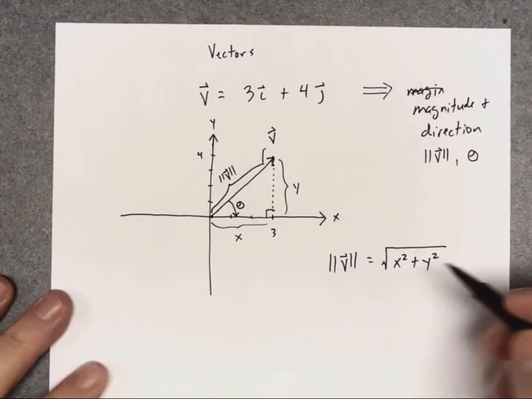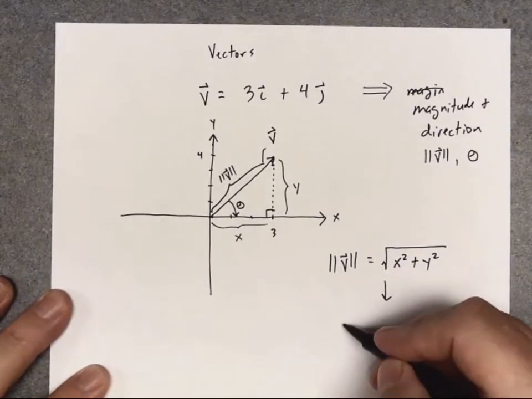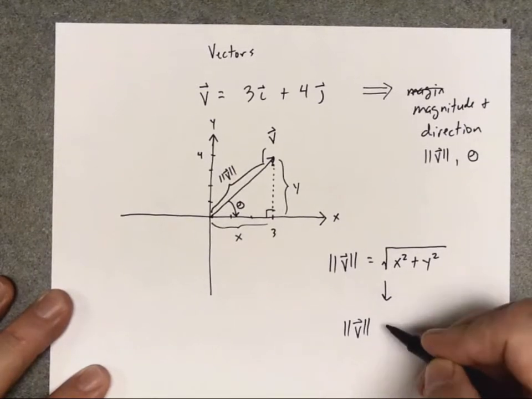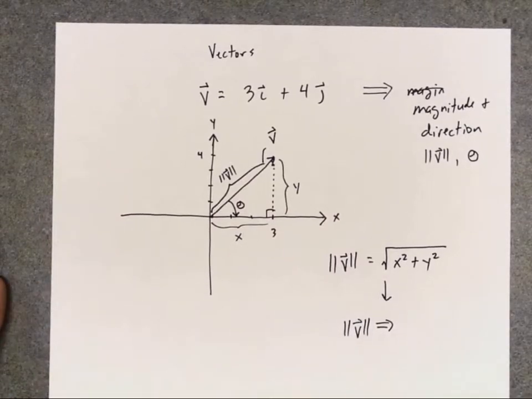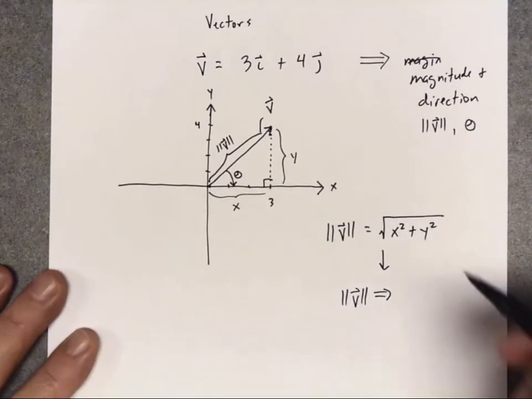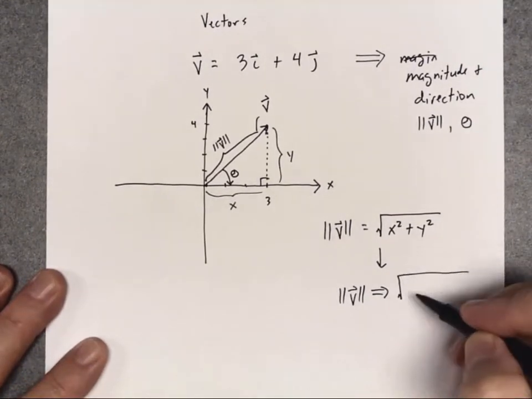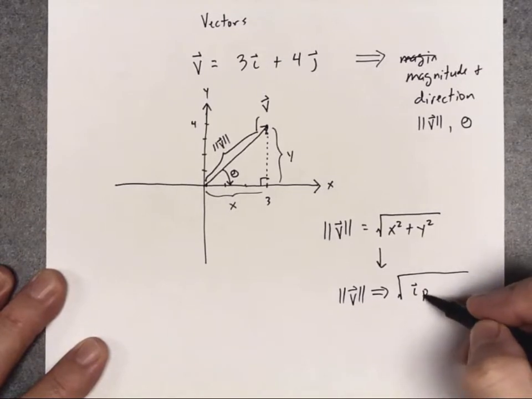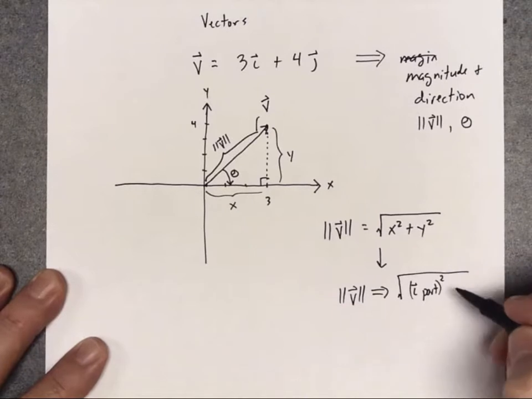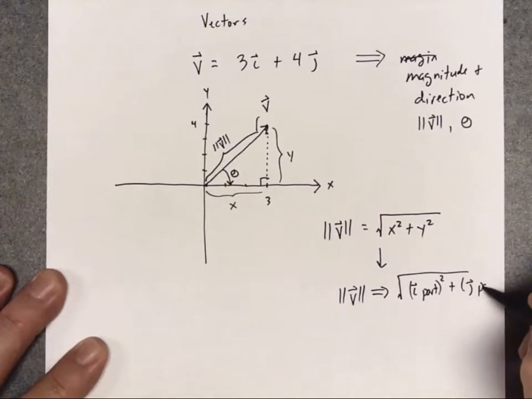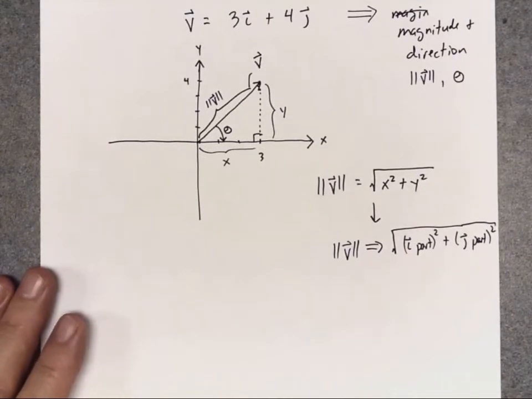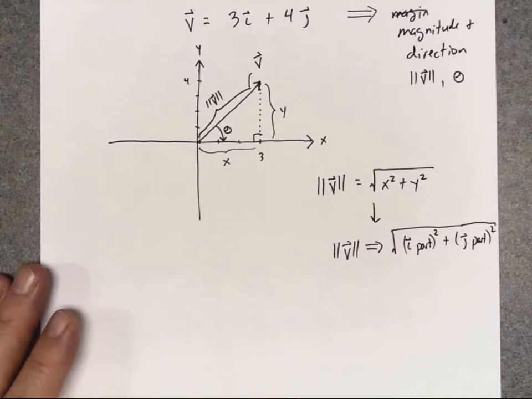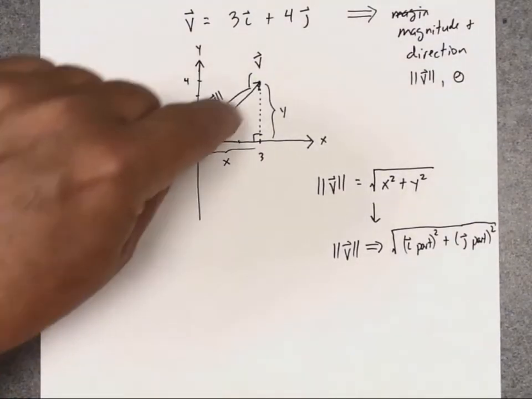So really, to get the magnitude, when you're given a vector in ij, it's like you take what I'll call the i part and you square it, and then you take the j part and you square that, and you add them together, and then you take the square root of the whole thing, and that gives you your magnitude, or your length, if you want to think of it in terms of this graph, the length of that line.